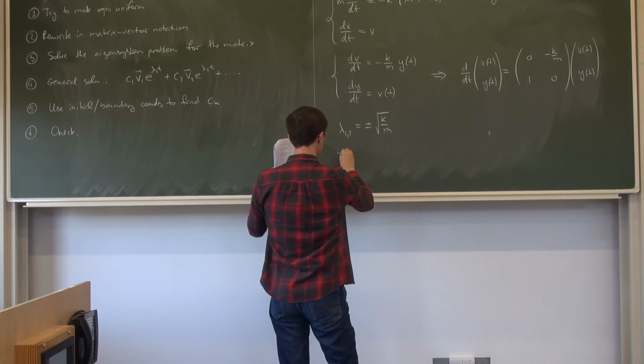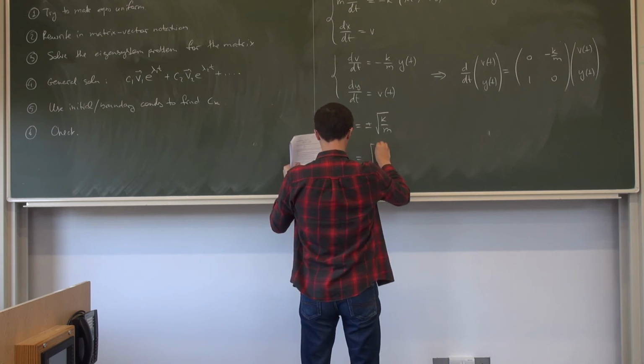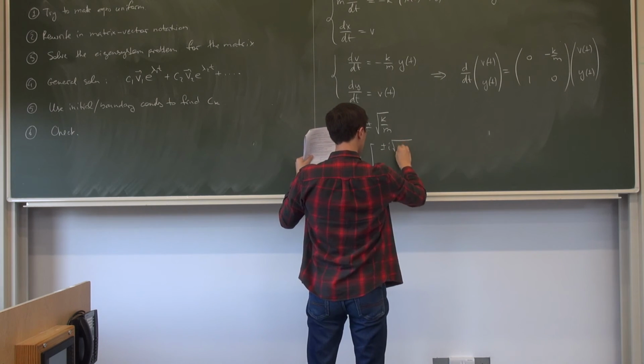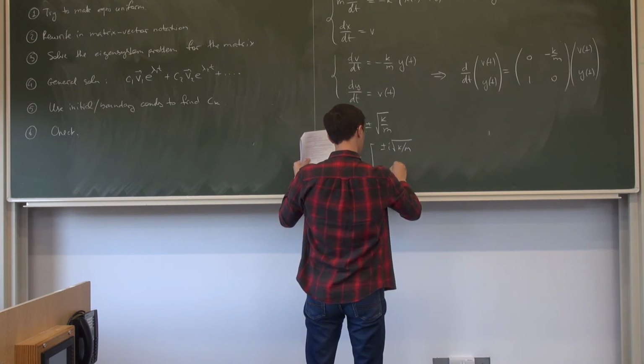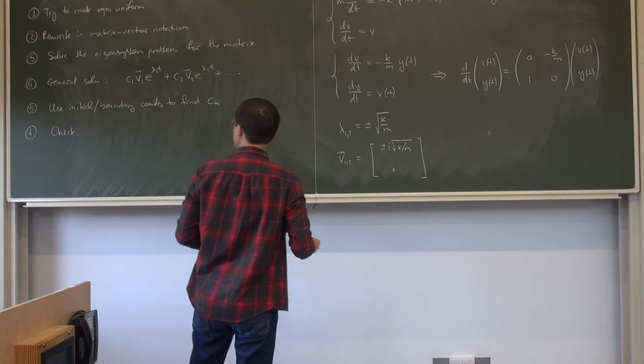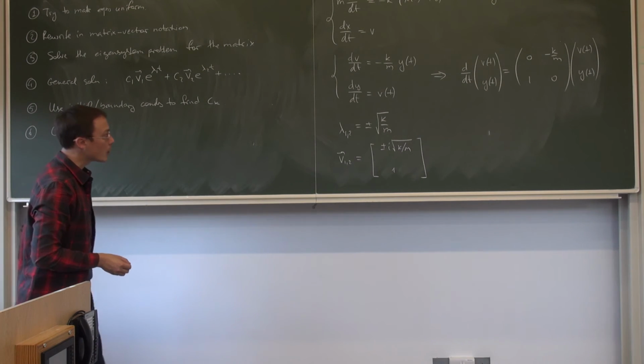And then the corresponding vectors 1 and 2 are the following: plus or minus i root k over m, and then 1 here. Now we don't need to normalize these vectors because coefficients in front of them are arbitrary anyway.